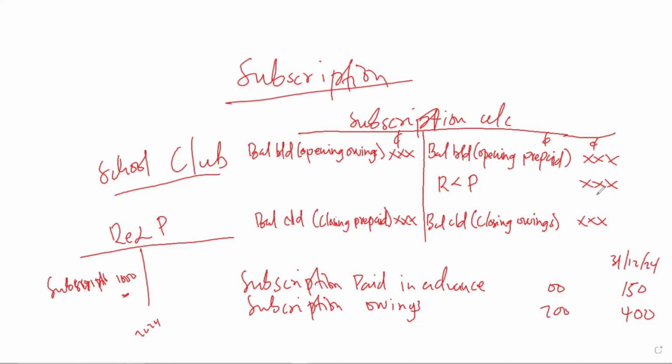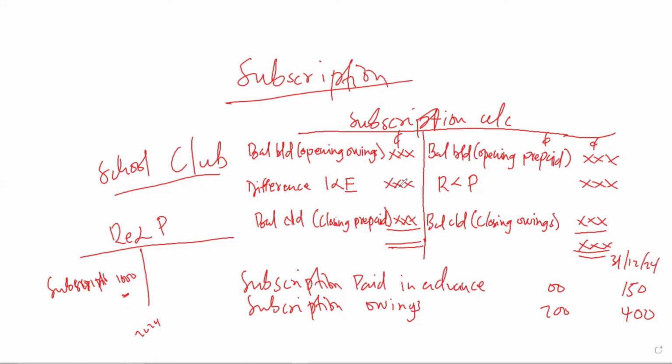After this, you now balance your account. When you balance your account, you will come to realize the difference is on the debit side. And that difference that is on the debit side is what will go to the income and expenditure account.